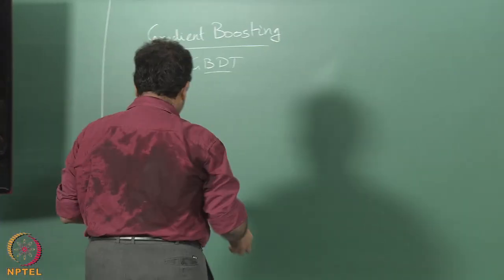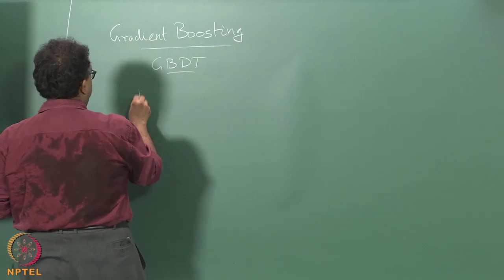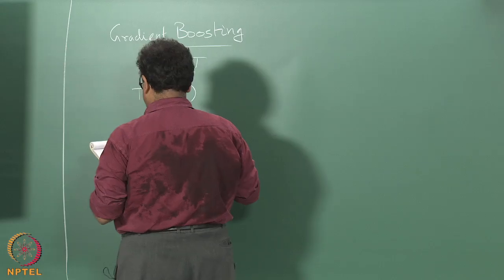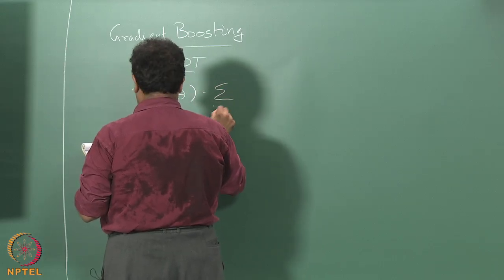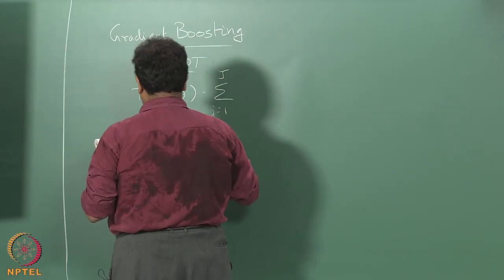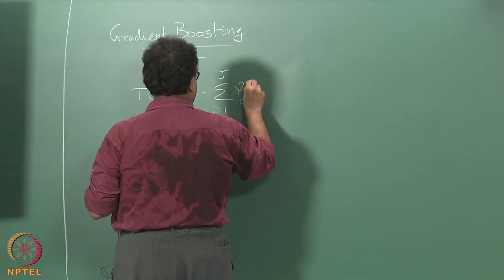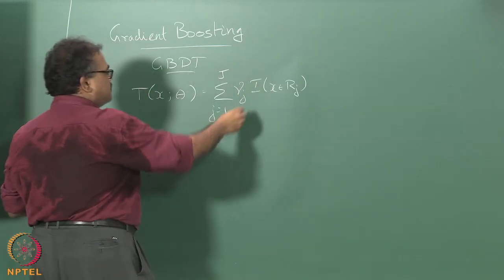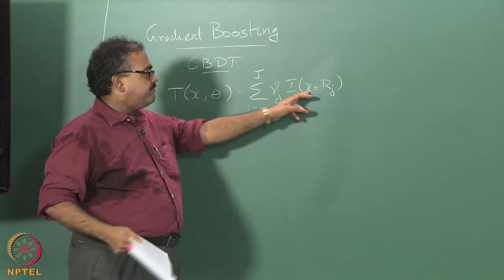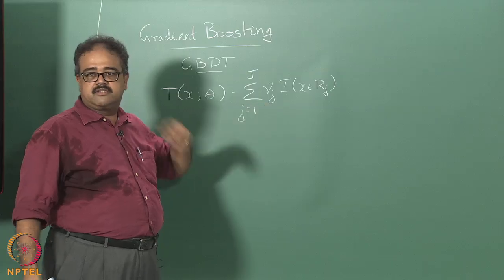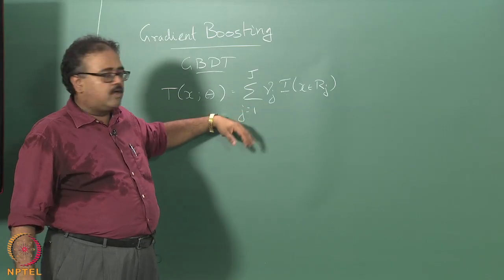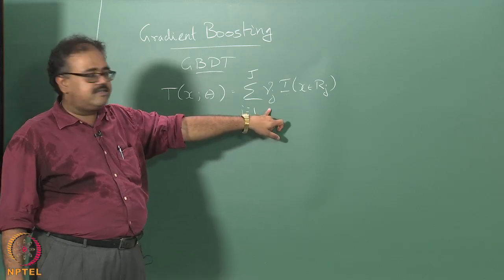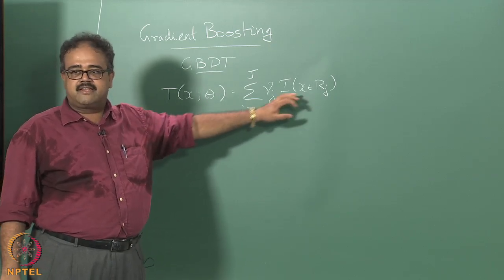And so, just to reintroduce some notation that you might have forgotten. I is an identity function which is 1 if x belongs to Rj, and 0 otherwise, and this is summing over all regions, R1 to capital RJ, and gamma j is essentially the output I am going to produce if x lies in Rj.